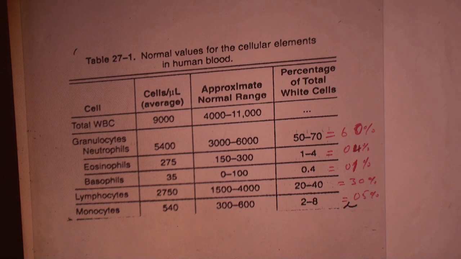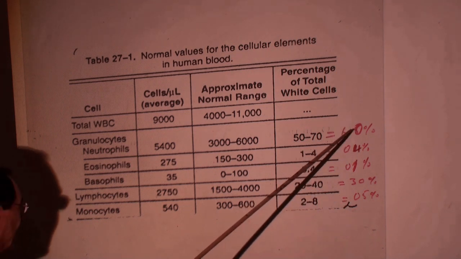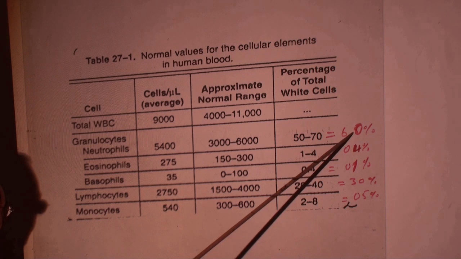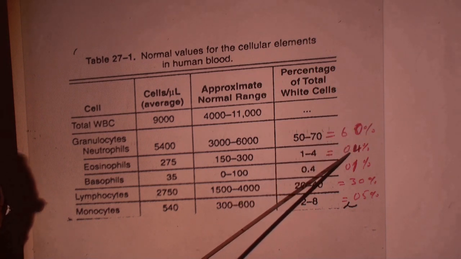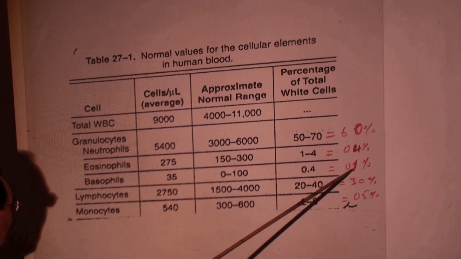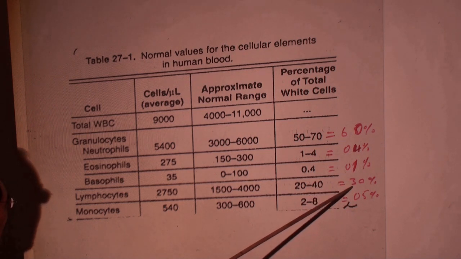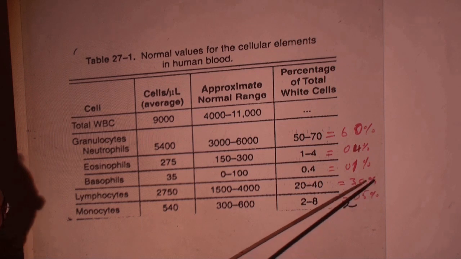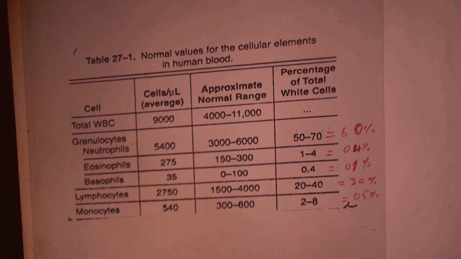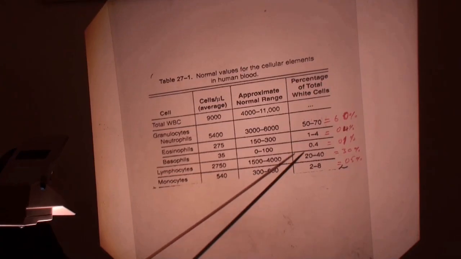It means when we count 100 white blood cells, we find 60 cells neutrophils, 4 cells eosinophils, 1 cell basophils, 30 cells lymphocytes, and 5 cells monocytes.